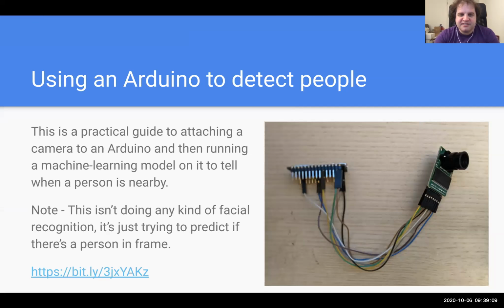And the reason that this is a really common application is, if you think about things like TVs or laptops or anything else, often you want to be running in some kind of very low power mode, but you want to wake up when there's somebody nearby. So this is actually one of the most common image-based embedded machine learning applications that we run across.